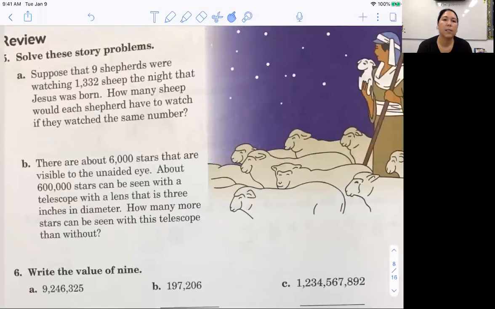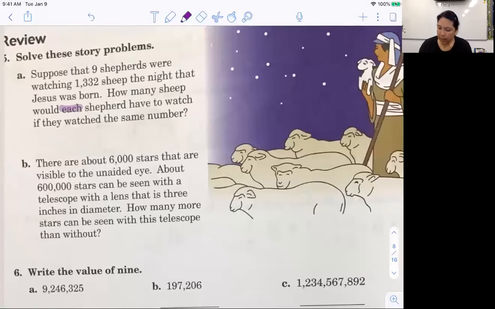So it says, suppose that 9 shepherds were watching 1,332 sheep that night that Jesus was born. How many sheep would each shepherd have to watch if they watched the same number? I hear the word each there, which is a sign.